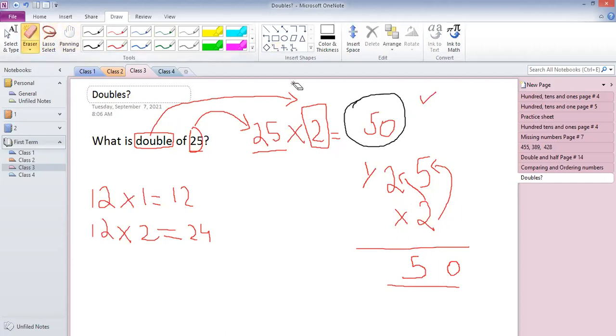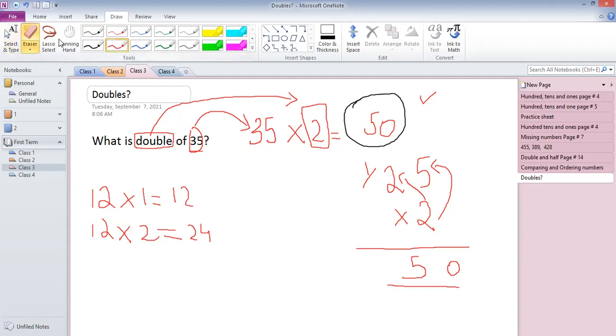Same, guys, if you have to find out the double of, let's suppose, 35, you will write 35. Because you are finding the double, that's why you are multiplying it by 2.